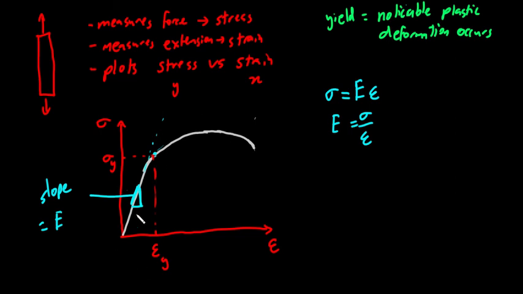So what we do in practice is that we offset this from the origin by a certain amount, like 0.02 or 0.2%, depending on the amount that they specify. And what you do is you project it so that it's parallel to this line, and see where it intersects the original curve, and that's what you call your yield stress.